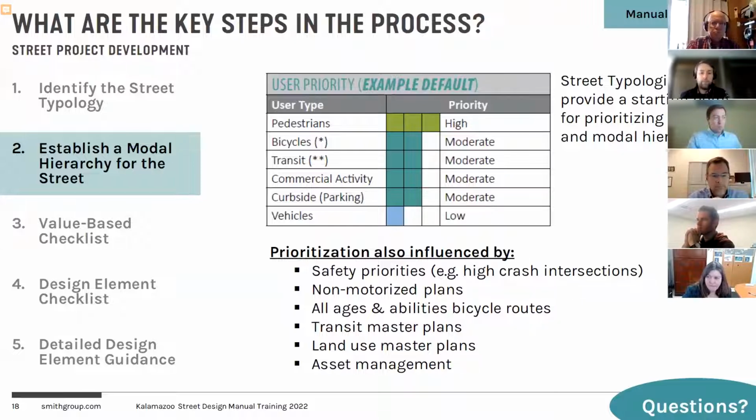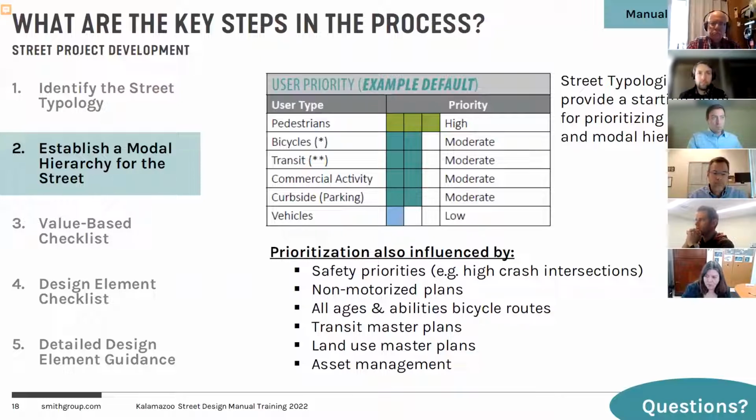And this is also a real opportunity when you're doing the typologies to bring in those other planning efforts, which quite frankly will probably be updated and change over time, so you're looking at the latest. If there's a pedestrian plan, if there's stuff going on around placemaking and activation work, is there the bicycle plan?